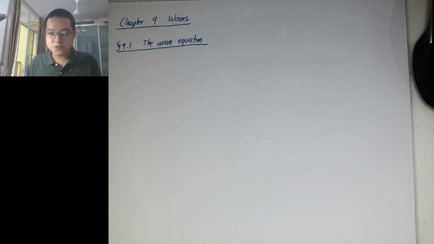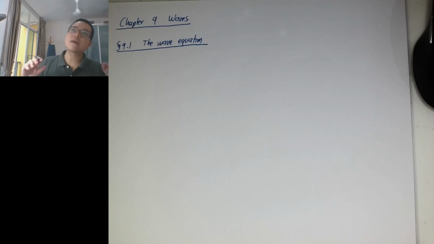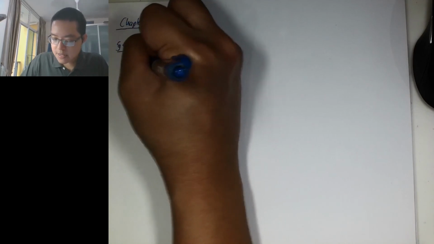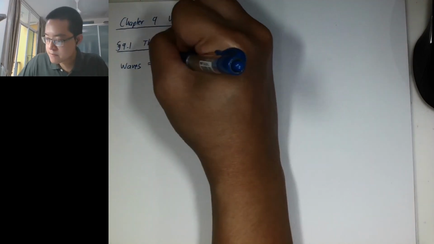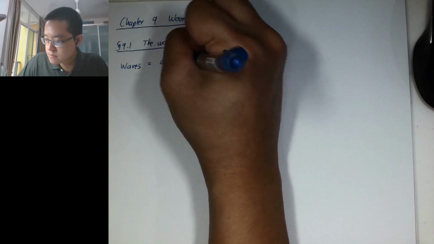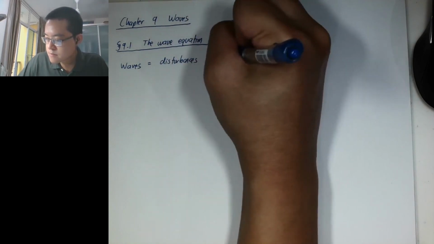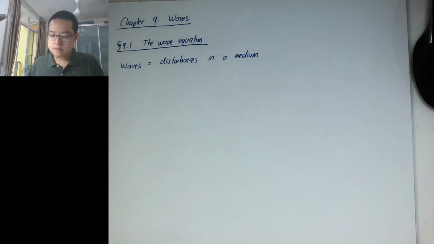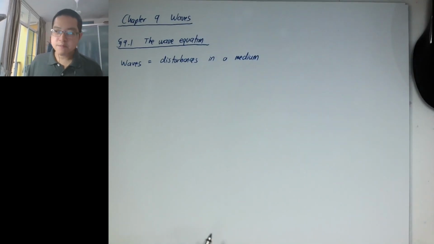Before we can understand those later parts, we need to set up our terminology. In chapter 9, we are going to talk about waves. So what is a wave? The simple way to understand it is that waves are disturbances in a medium.